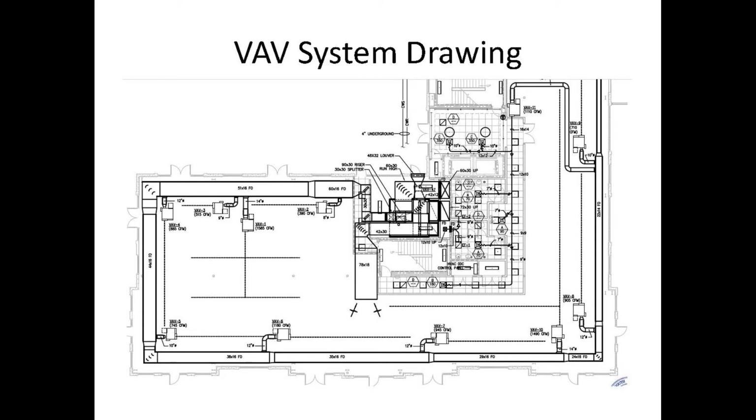This drawing doesn't show where all the cubicles go, and this drawing is just showing where the VAV boxes are and the typical routing of ductwork that could be installed once they find out where their offices and cubicles go in this space.